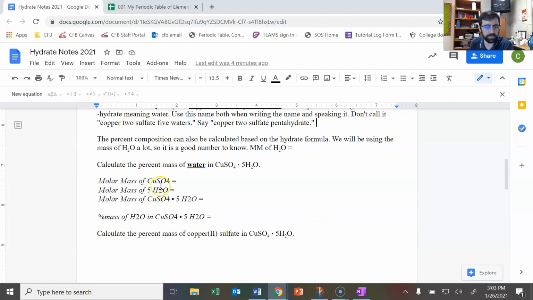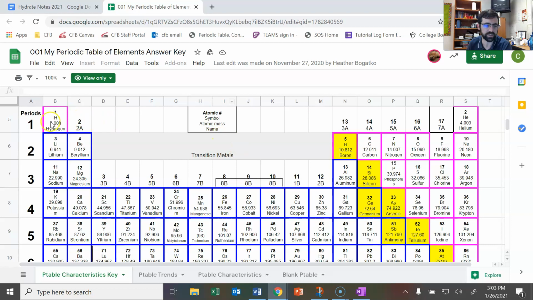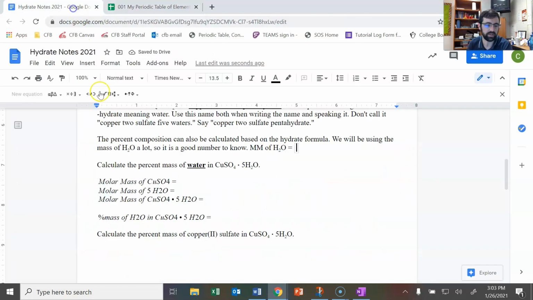The percent composition can also be calculated based on the hydrate formula. We'll be using the mass of water a lot, so it's a good number to know. Let's work through it. Okay, the molar mass of water is equal to, well, hydrogen is 1.008. We have 2 of them, so we're going to do 2 times 1.008 plus, and then we've got oxygen.